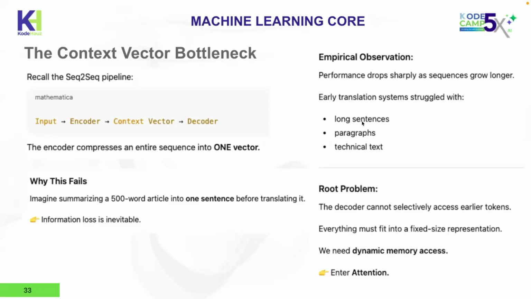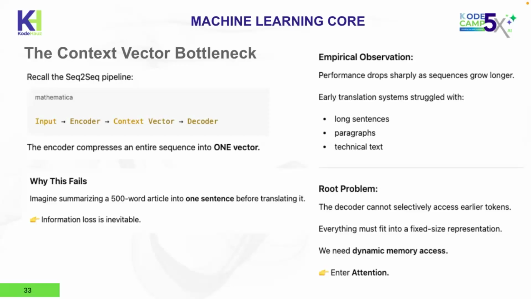Of course, long sentences mean the sequence becomes very long, and you lose a lot of information compressing it into the small context vector, right? Same thing with paragraphs and technical text that contain a lot of technical information, which is in a context, and then you compress it.